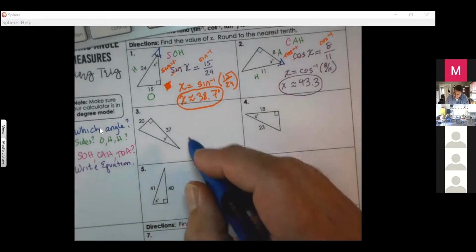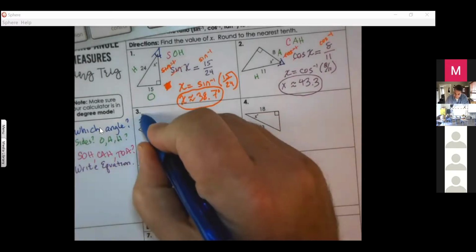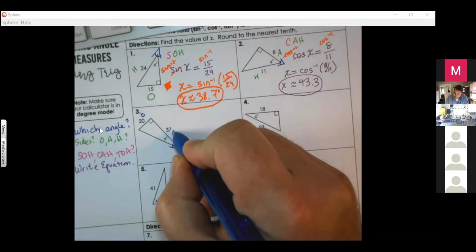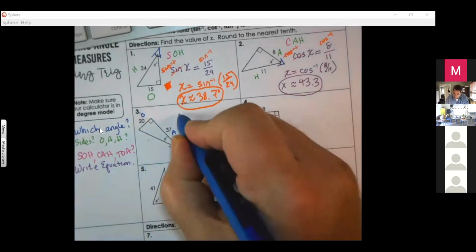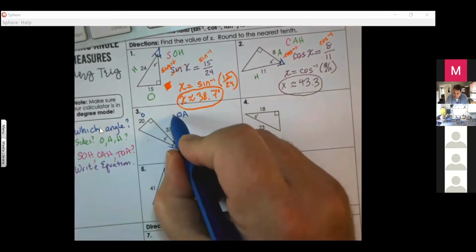All right, let's take a look. So here's my eyeball. That makes this opposite. This is adjacent. I'm not using my hypotenuse. That tells me it's tangent, TOA.